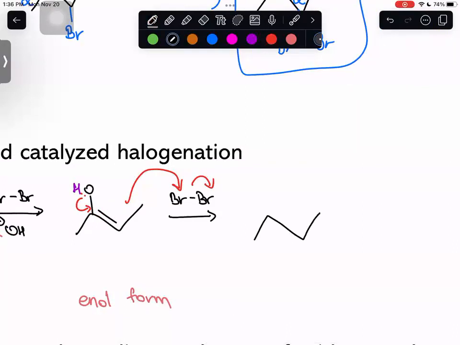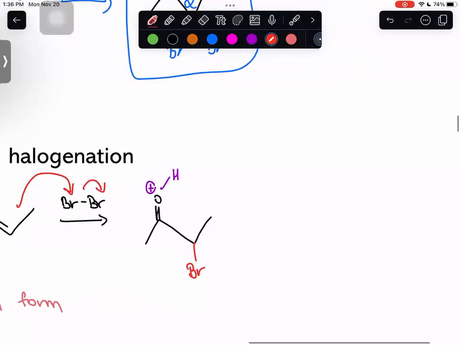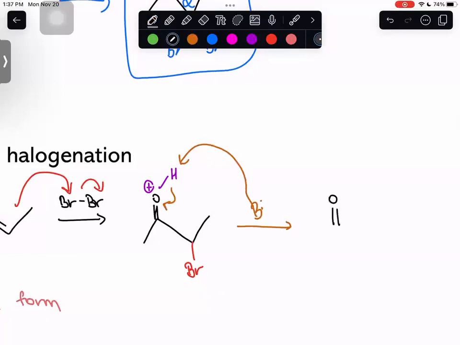So we end up, okay, we are back to a positively charged oxygen. And now we have our dear bromine in the alpha position. Now remember, we want to create something that's really stable, so I'm just going to deprotonate that guy so it's not as reactive. So let's just say that it was a base, water, anything really, so we can just neutralize this guy.